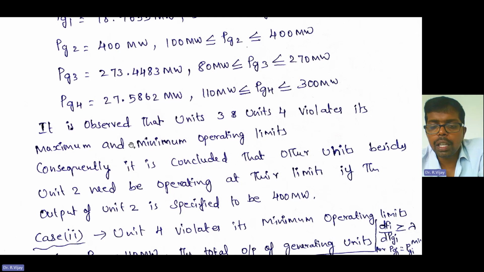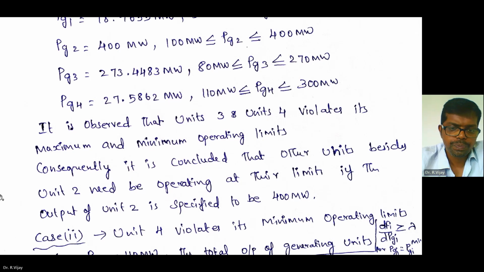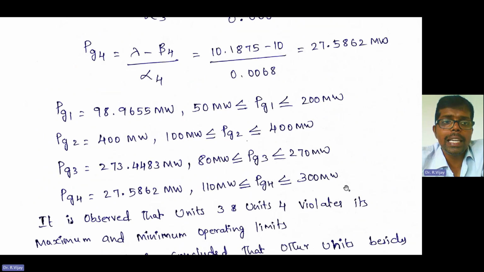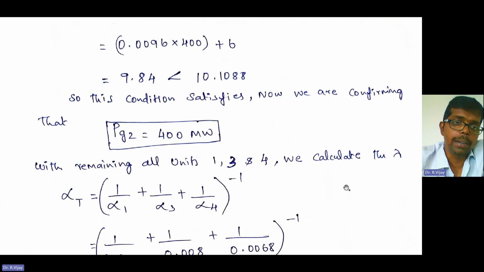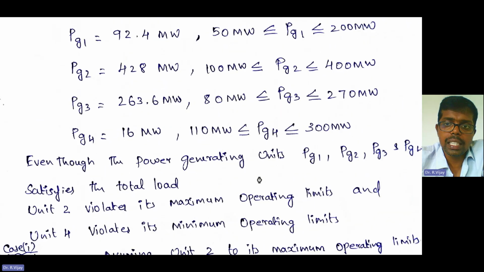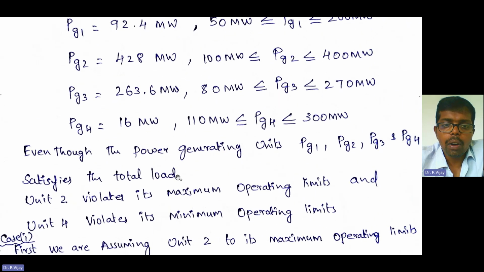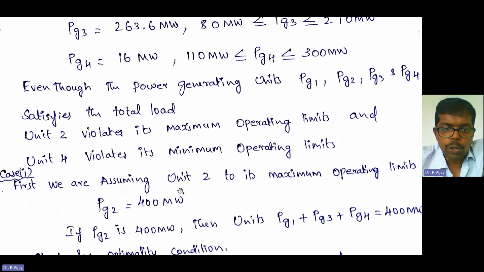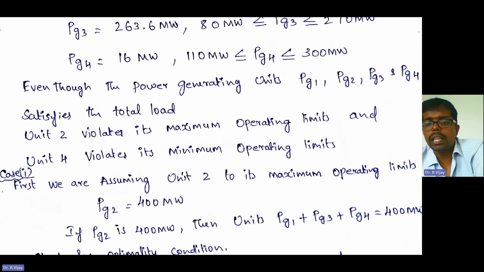Now we are going for case 2. Case 2 means unit 4 violates its minimum operating limit. From the first case, we took unit 2 as 400 megawatt and further solved the problem, but even then it is not satisfying the minimum and maximum operating limits.